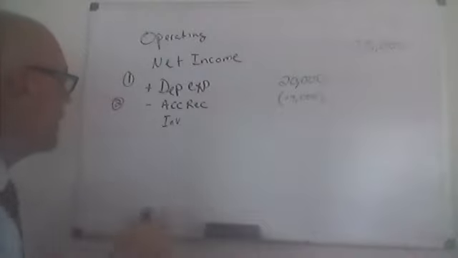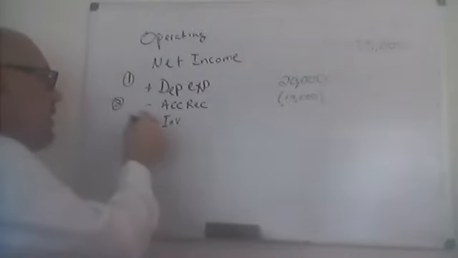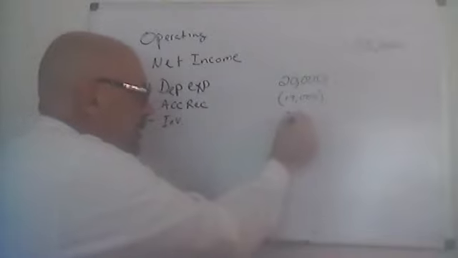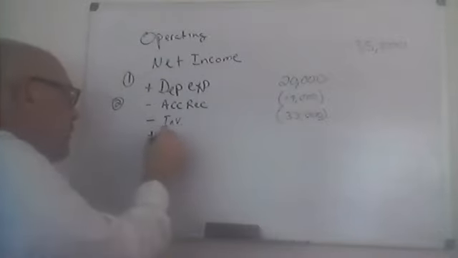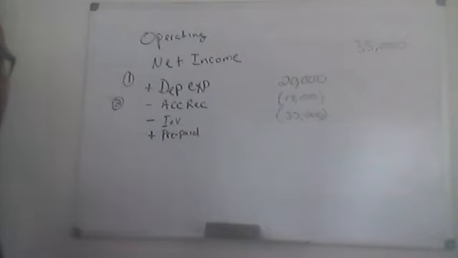It went up 33,000, the same as receivables. Current asset, when it goes up, I do the opposite. Subtract 33,000. The prepaid expenses went down 1,000. As an asset, it gets the opposite. The amount decreased from 7,000 to 6,000, so I will add that back.